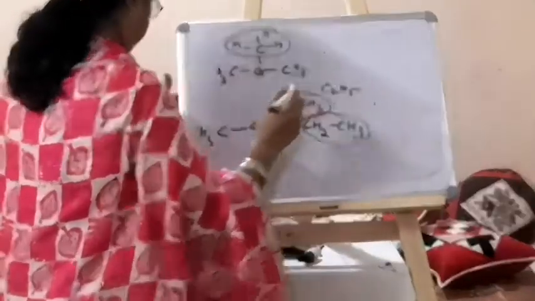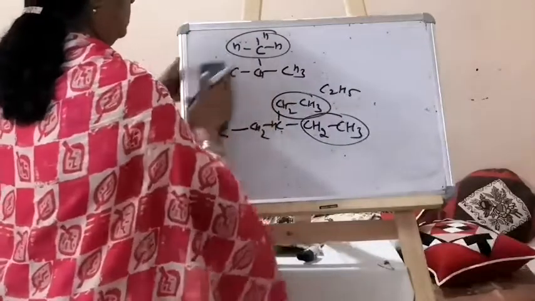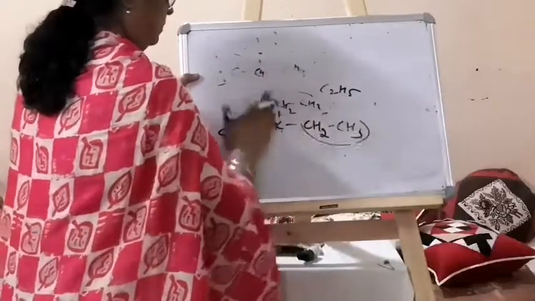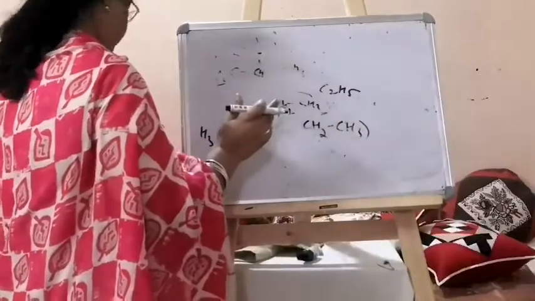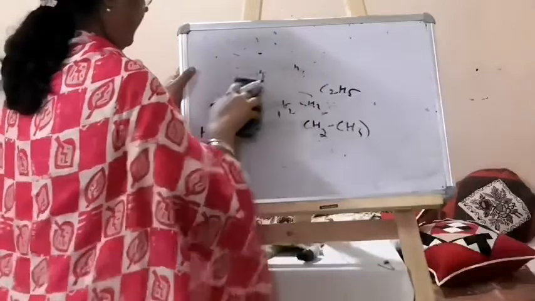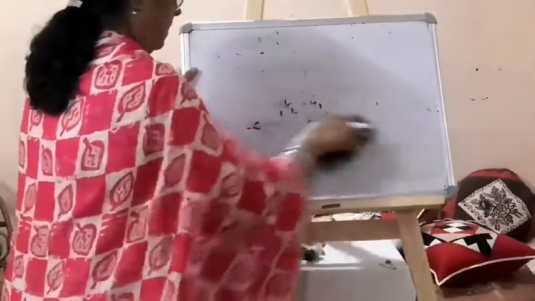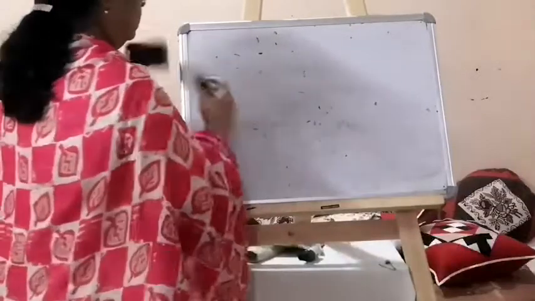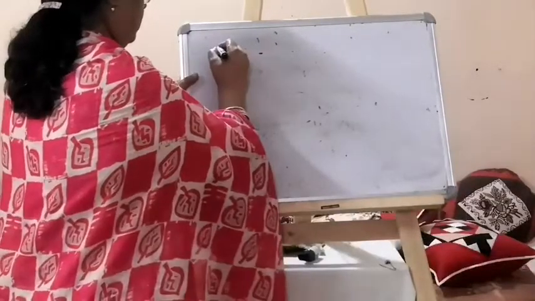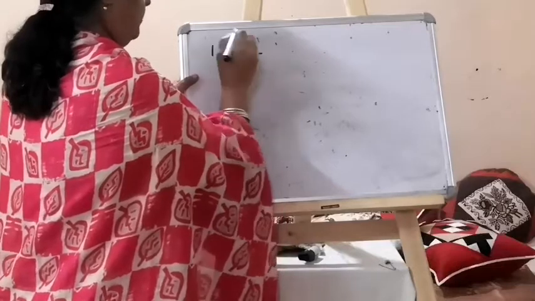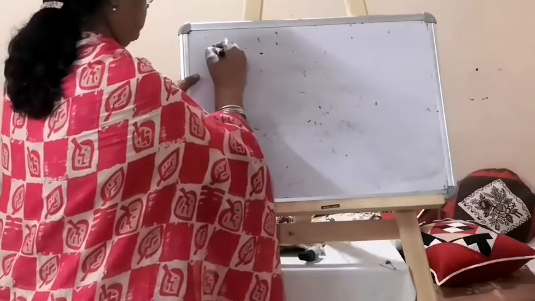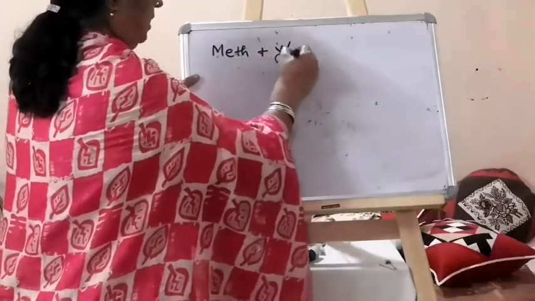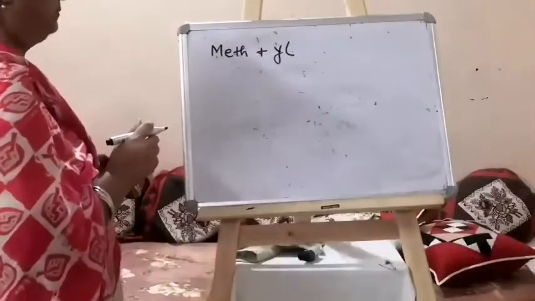If one more carbon, then C3H7. So what is there? That is, when we have to name the branch, we are using the generic name meth, and to this we are adding oil.